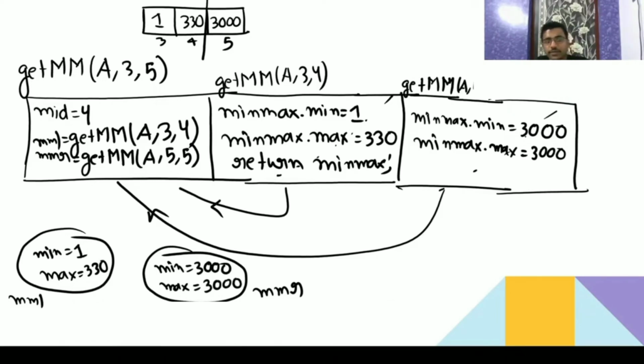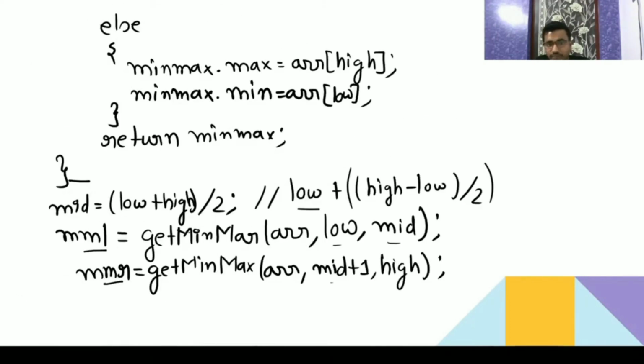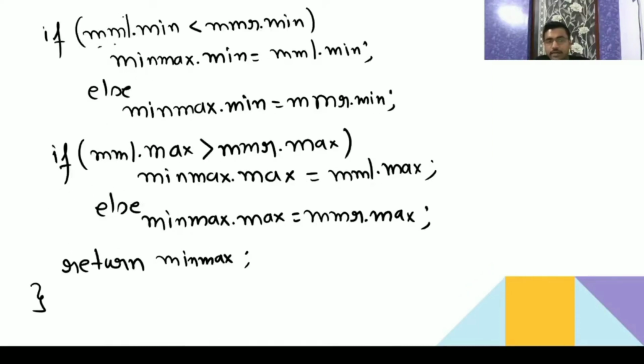Okay, now this is done. 3 to 5, we have called this function, we got the mml and mmr, then we are going to do the actual comparison. After this, between mml and mmr, we are comparing these two, which is the actual min and which is the actual max.